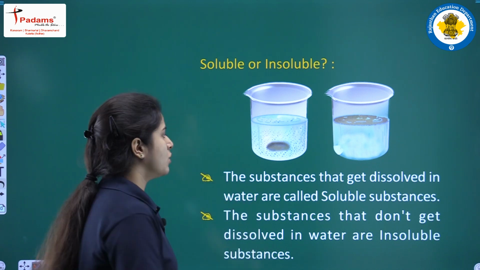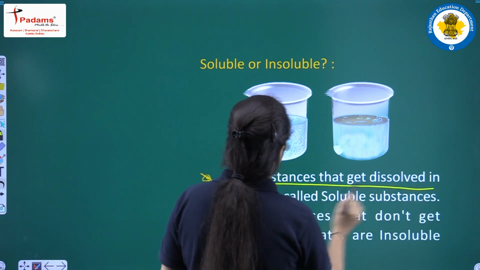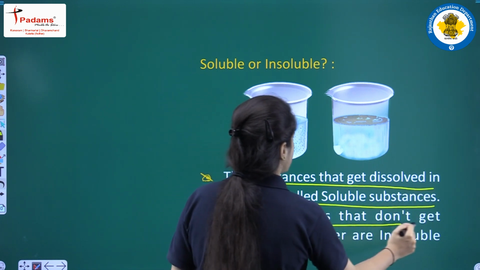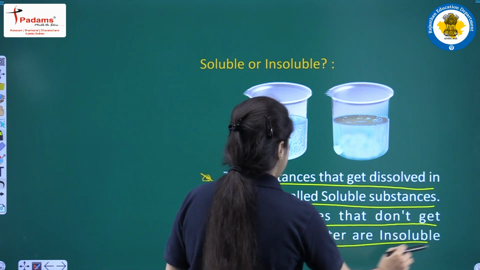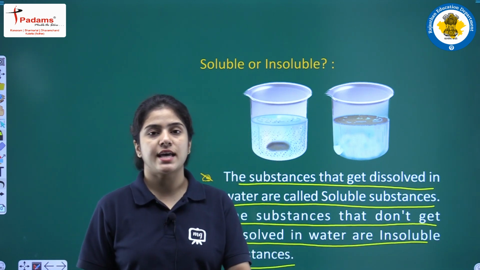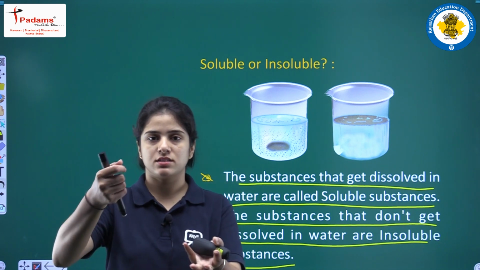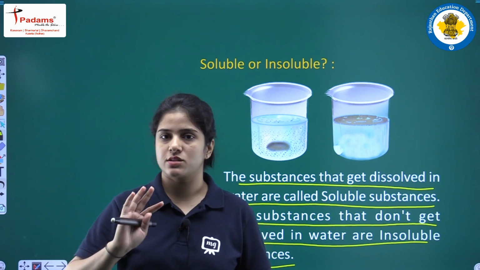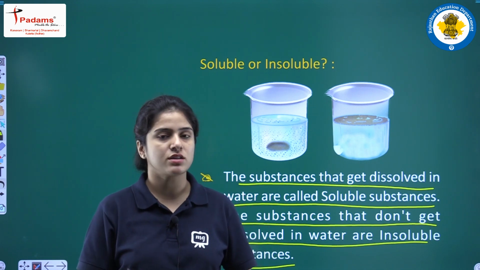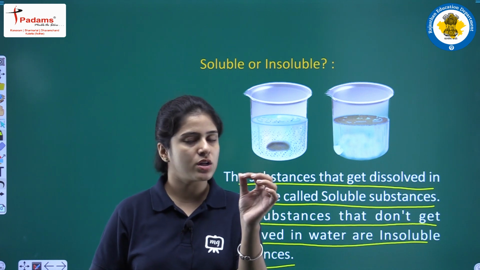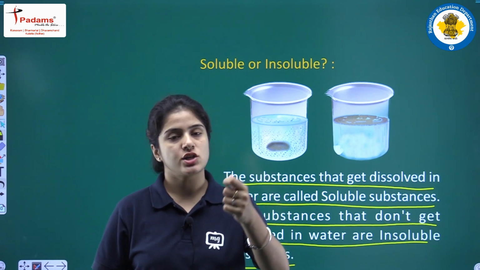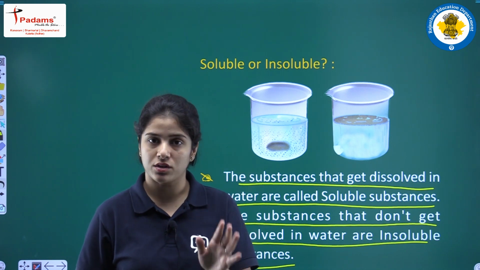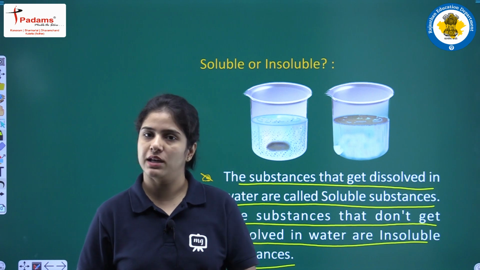So the substances that get dissolved in water are called soluble substances, and the substances that do not get dissolved in water are insoluble substances. For example, if you put a spoon of salt in the water and stir it well, it completely gets dissolved, so it is soluble in water. Similarly, if you take small pebbles and put them in the water and stir well, they will not disappear in the water, so they are insoluble in water.